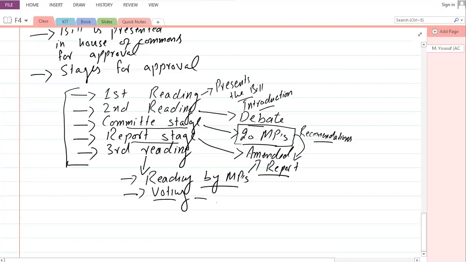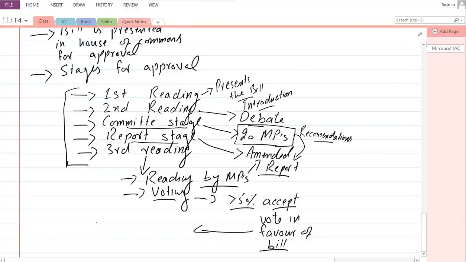So if more than 50% of members vote in favor of that bill, then this means that this bill is approved by the House of Commons.